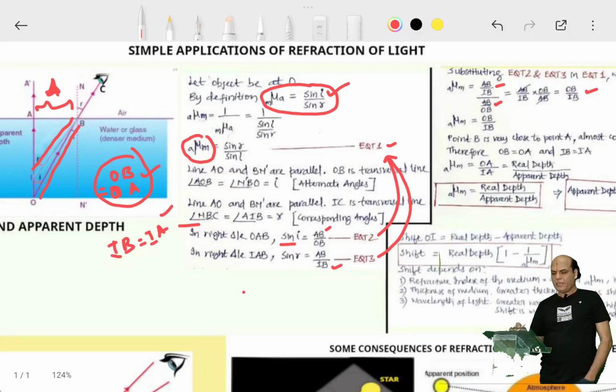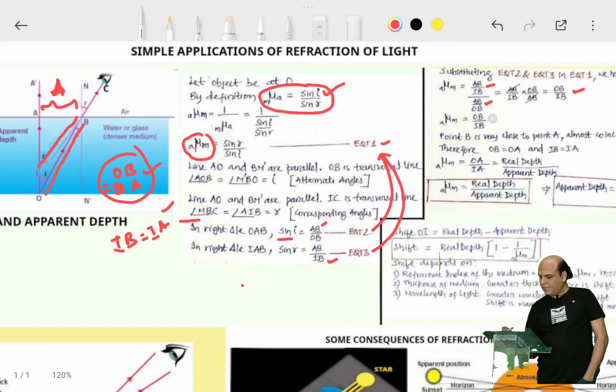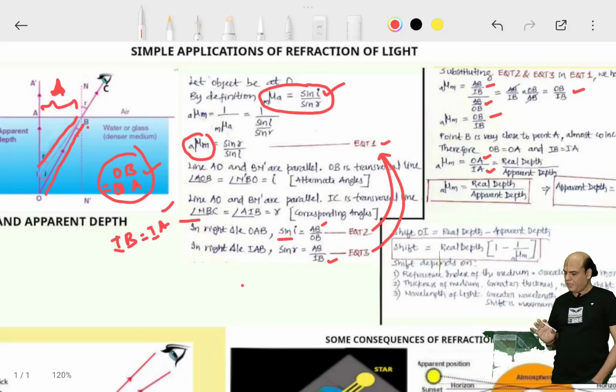So when I substitute the sides of the right triangles instead of the hypotenuses, the refractive index can be written as OB by IB, that is the hypotenuse, but now I will write it as OA by IA. Clear?